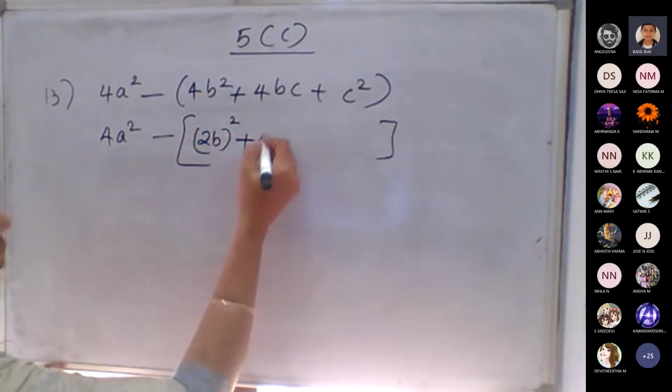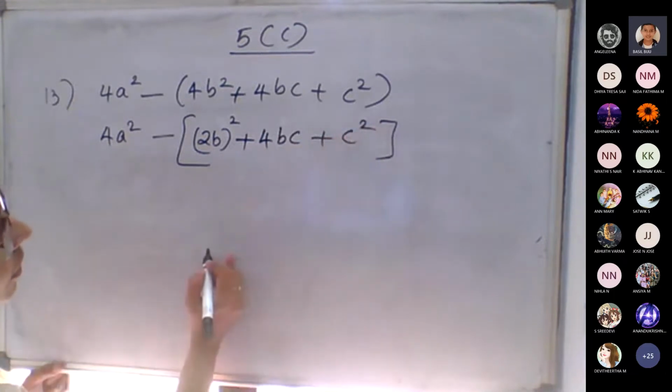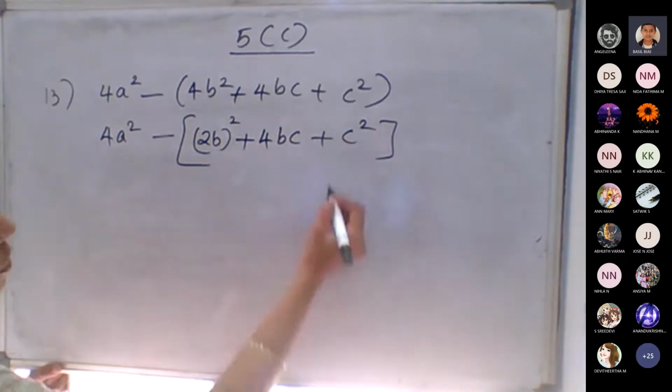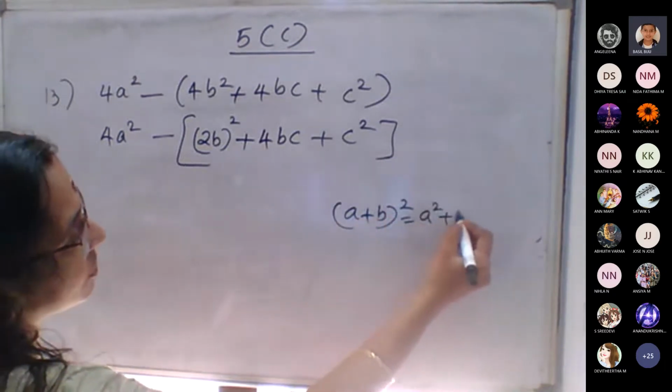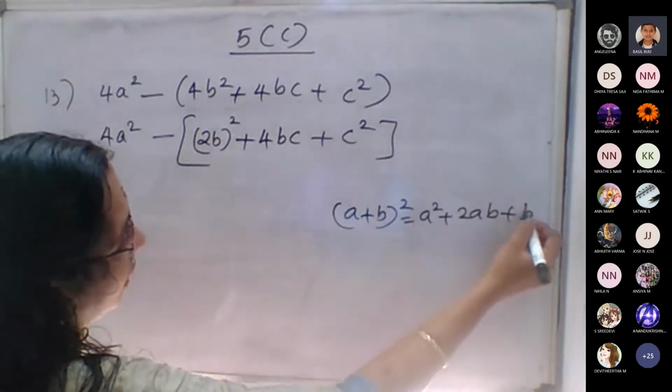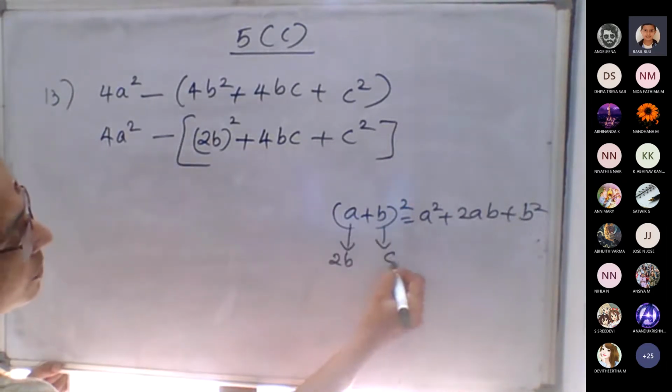Yes, ma'am. Plus 4bc plus c square. So this is in the form of a plus b the whole square, that is a square plus 2ab plus b square. That means a stands for 2b and b stands for c.